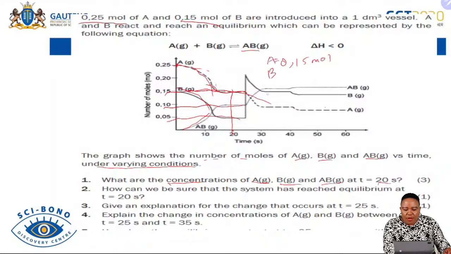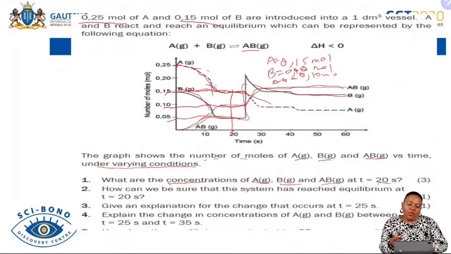And then our B is represented by this one. Our B is 0.10. Here you are just interpreting the graph. And then our AB, which is this one, is going to be 0.05, and then our AB is going to be 0.10 mole.